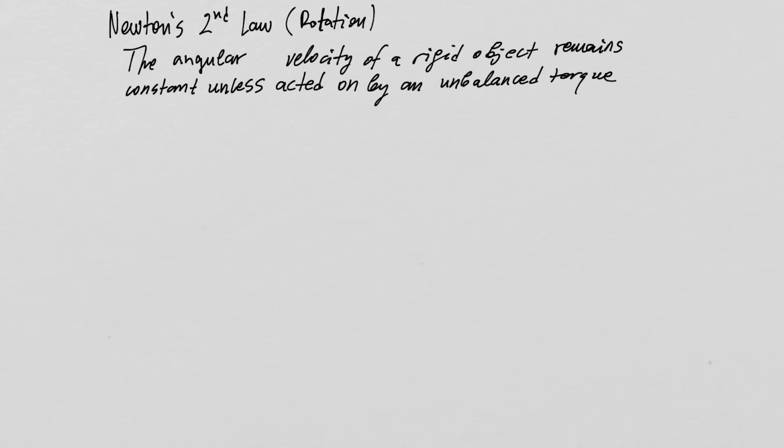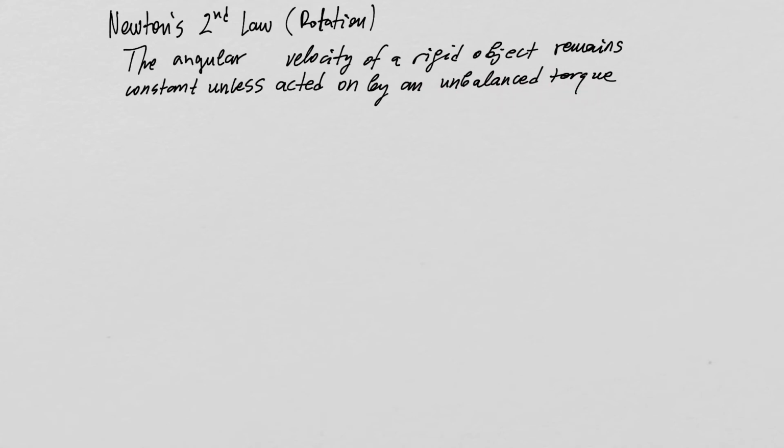As I stated, torque for rotational motion plays the same role as force for linear motion, which means that I can restate Newton's second law for rotation by simply replacing the terms in the statement of the second law. Instead of velocity, I will use angular velocity, and instead of force, I'm going to use torque. So the statement of the second law becomes: the angular velocity of a rigid object remains constant unless acted on by an unbalanced torque.